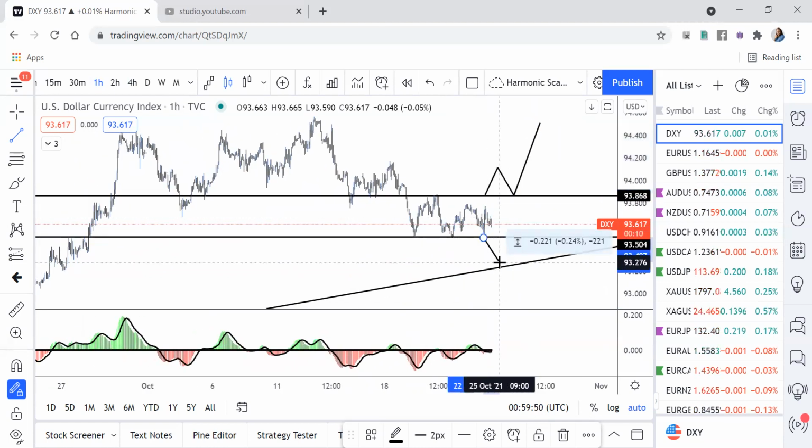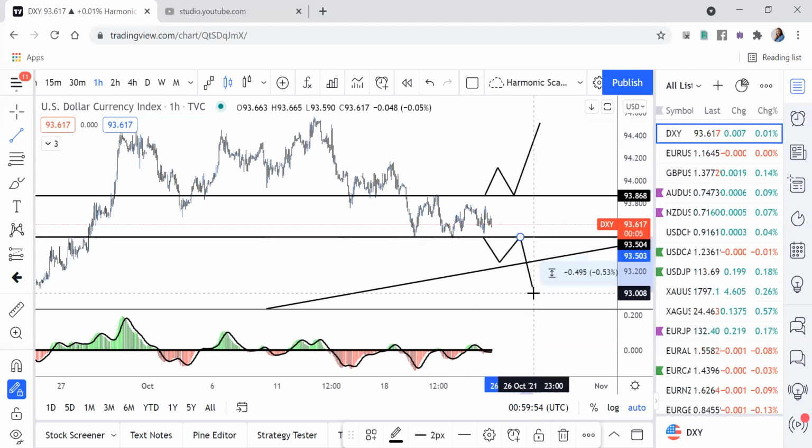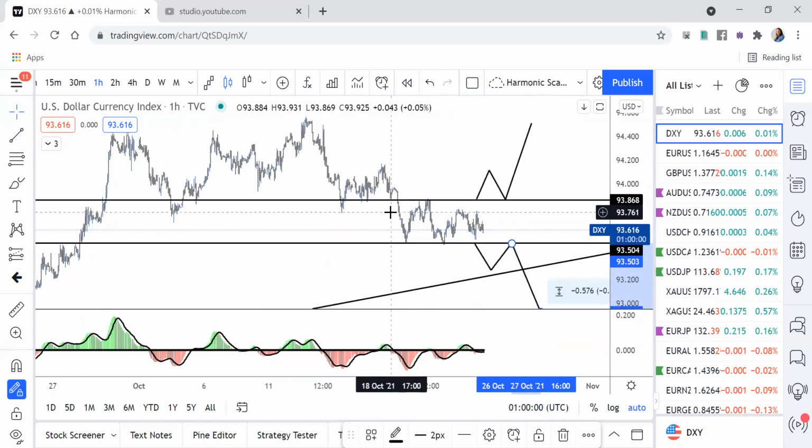Either to the upside or to the downside. That's what I want you guys to wait for, right? To be on the safe side of things. Wait for a break in structure. That way you can be clear on the direction that the market is looking to go, right?